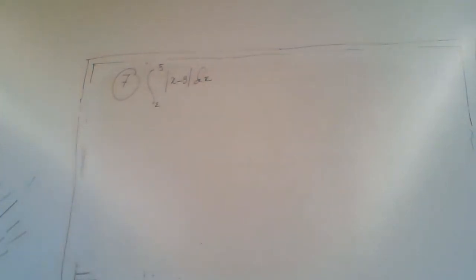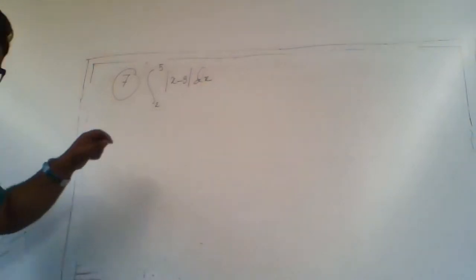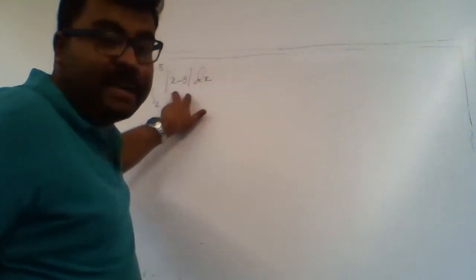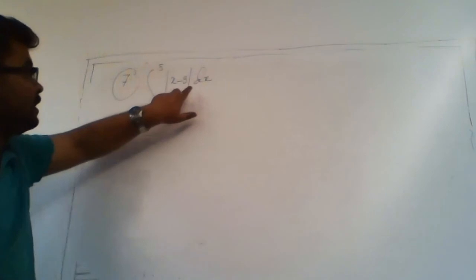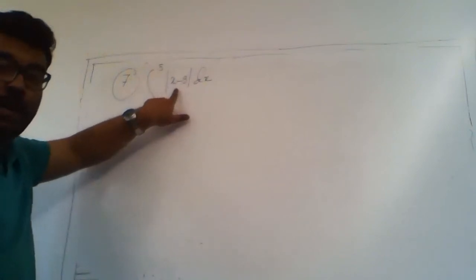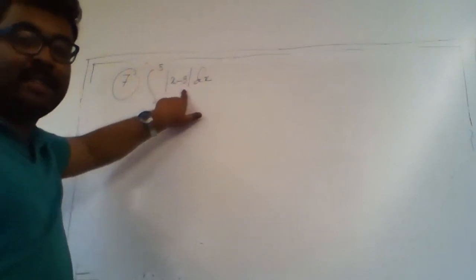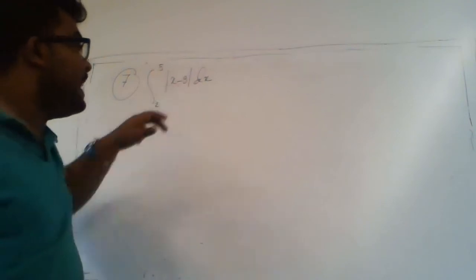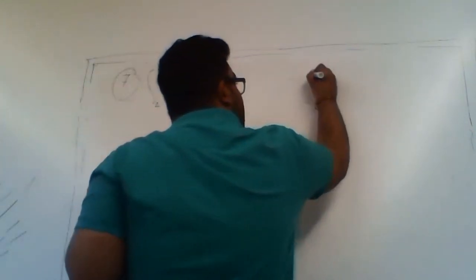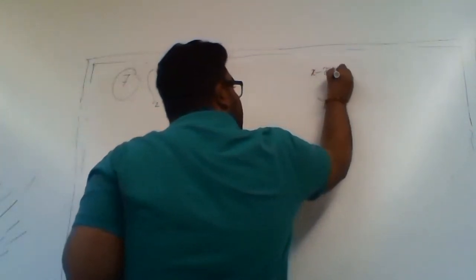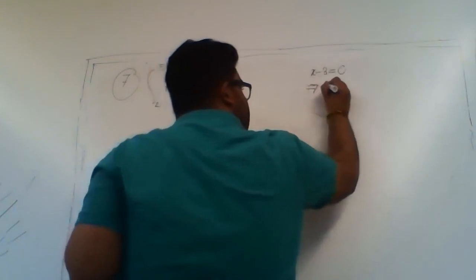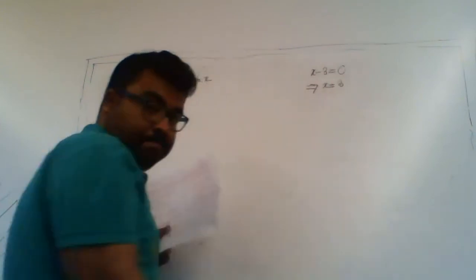So step 1, equate whatever is inside the bar to 0. Here you have x minus 3 inside the bar. So equate that to 0. So x minus 3 equated to 0 gives you x equals 3.